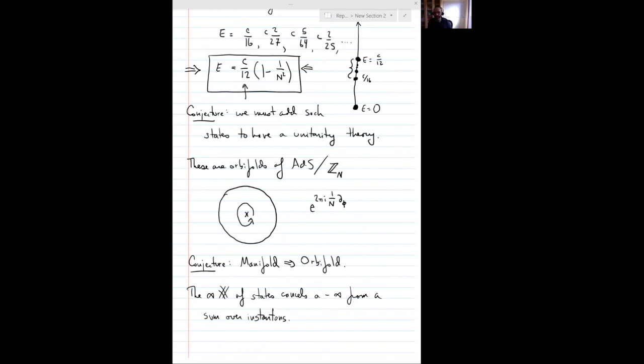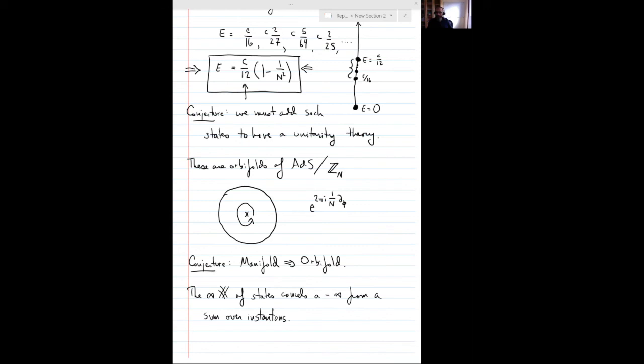non-perturbative effect. And it turns out that these conical defects, so you can prove a theorem in two-dimensional conformal field theory, which is that if you have two very light states with energy much less than the central charge, they can always form bound states. It's a consequence of crossing symmetry and unitarity.